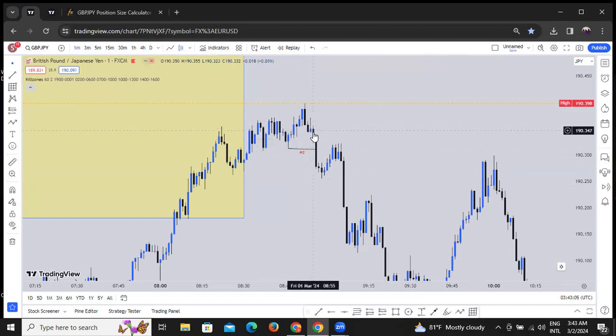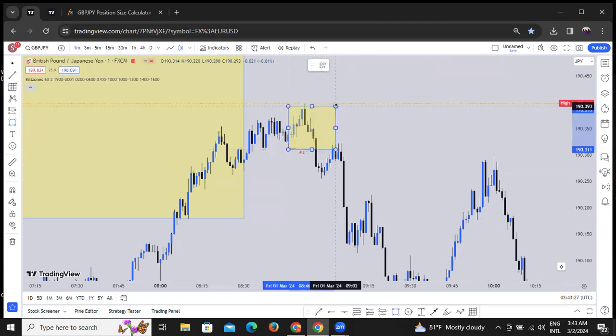So immediately I had my market shift. I marked out my possible entry zone. So right here, I have all this push to the downside. So I marked out my zone.